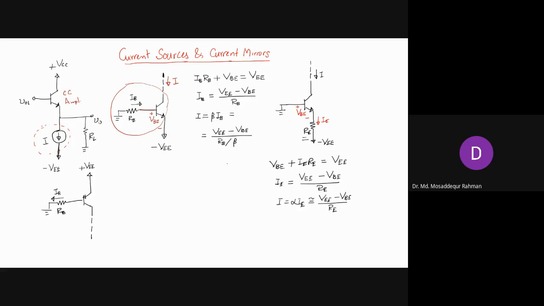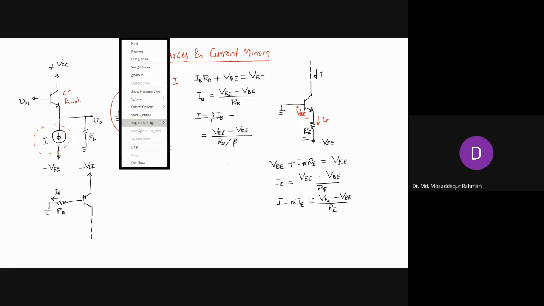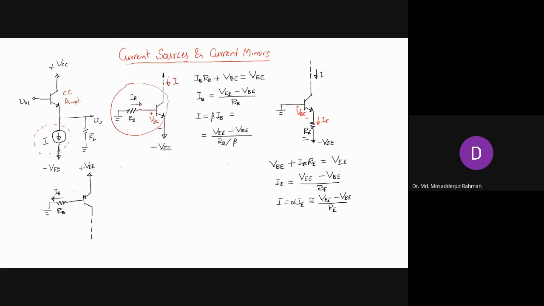So in this case, IB flows in this direction. Now we have VEB drop here, the emitter to base, and the current, this is the collector side, and the actual current just flows here.